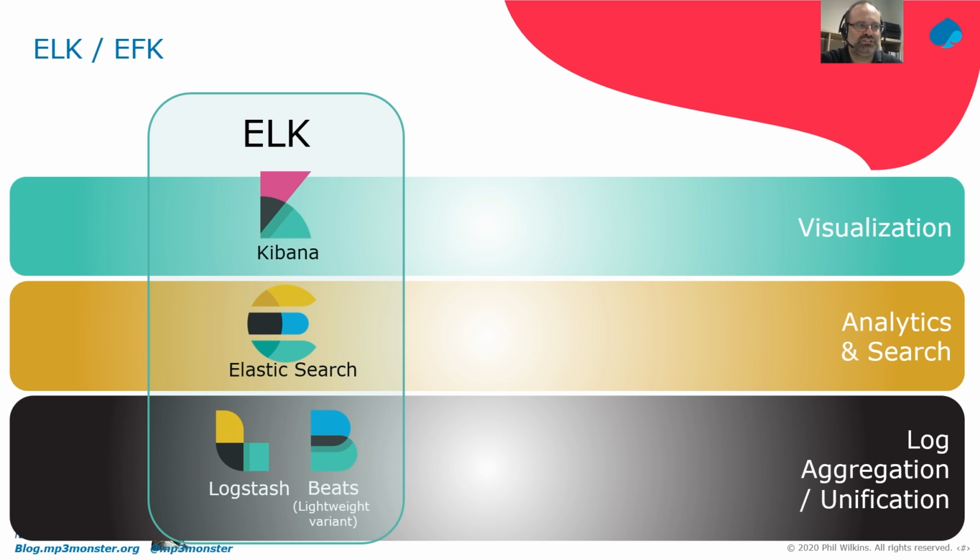So you can see Logstash and its baby brother Beats is doing the log gathering. Then you have Elasticsearch for doing your analytics. It's a data and analytics engine at the heart of it, and of course Kibana to then visualize it. And you might use Prometheus to try and generate time series based data as well.